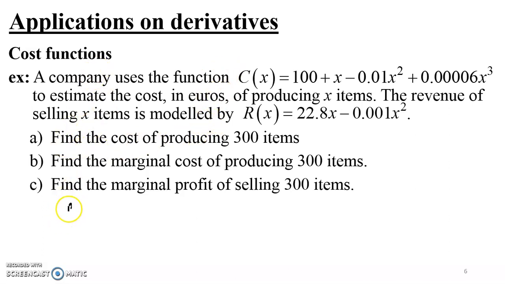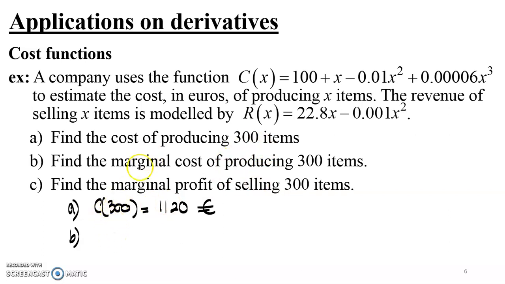So I need to first start by finding the cost of producing 300 items. Since C of x is the cost of producing x items, the cost of producing 300 items would be C of 300. Replacing x by 300 would give you back 1,120 euros. However, I need to find the marginal cost of producing 300 items.